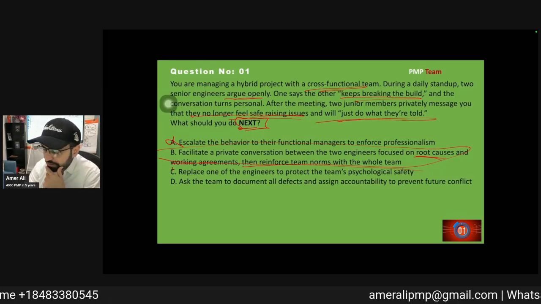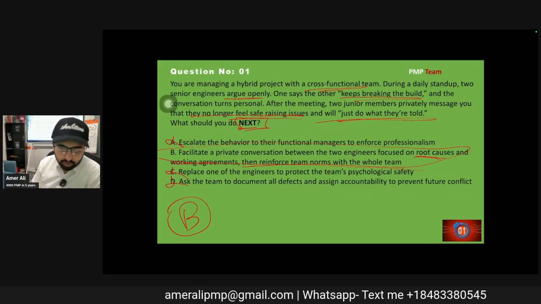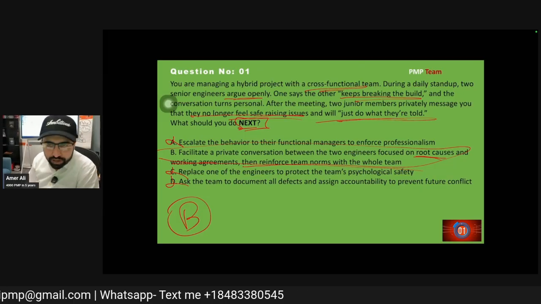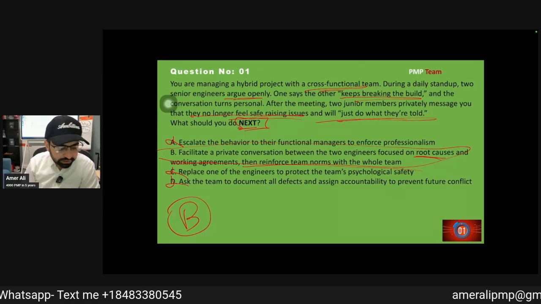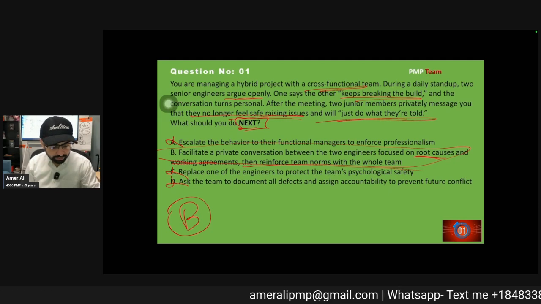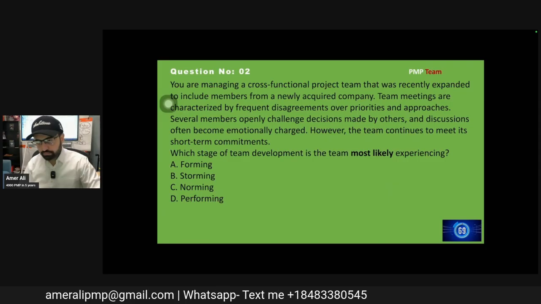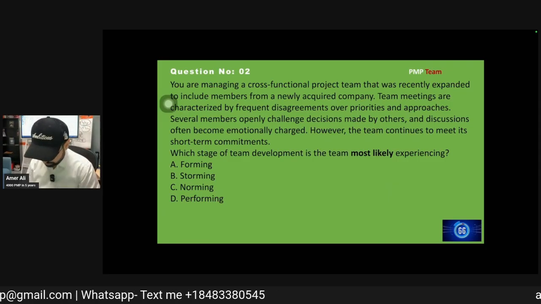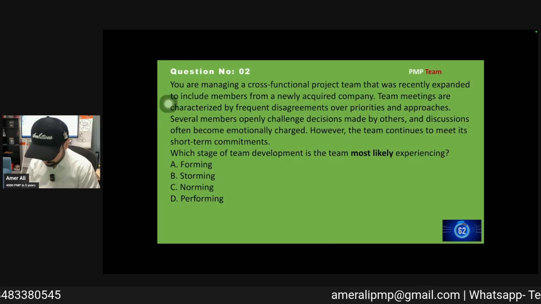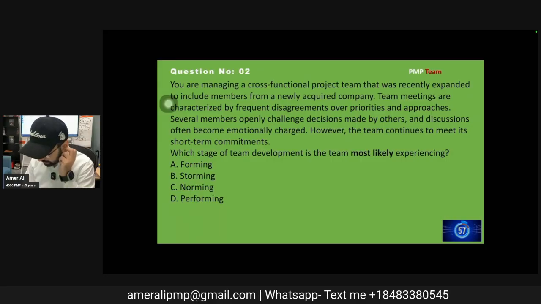I'm not going to replace anyone. I'm not going to ask that. So B is such a beautiful option. Not only does this give the answer for this, it gives you a framework whenever you are solving question answers. Always facilitate, and work between the team members. Okay, clear? Yes, escalation is the last option.